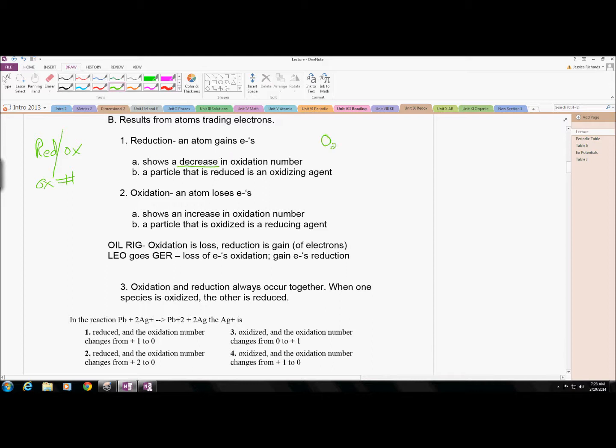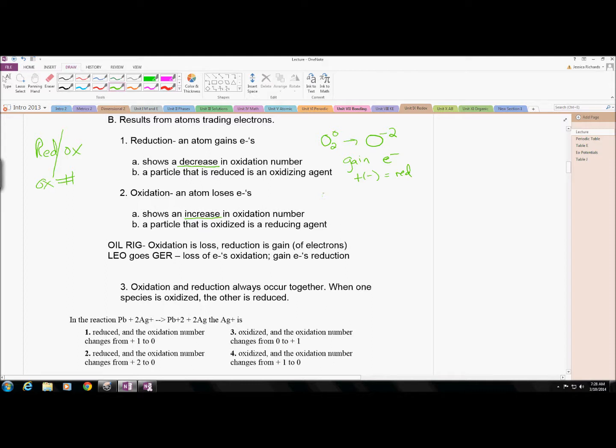So if I go from pure oxygen, where the oxidation number is 0, to an oxygen ion, where the oxidation number is -2, that number has gone down. That is reduction. How do we go from 0 to -2? We gain negative electrons. Remember that electrons are negative, so if I'm adding a negative number, it's going to be reduced. Oxidation is the opposite. We're going to increase the oxidation number.